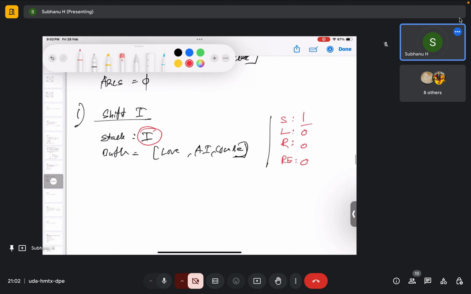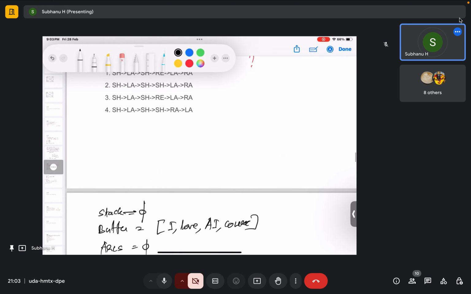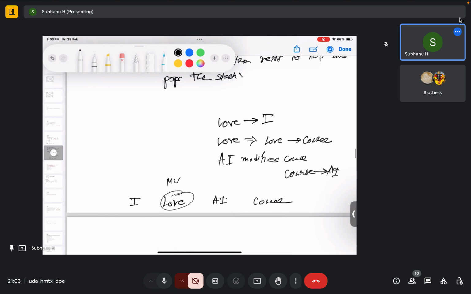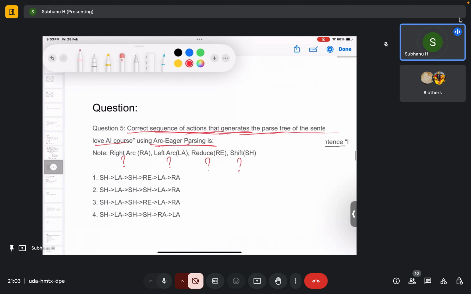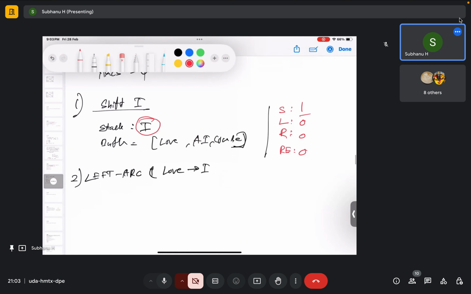Okay. Now the second step is left arc, love to I. Fine, so this is the left arc.